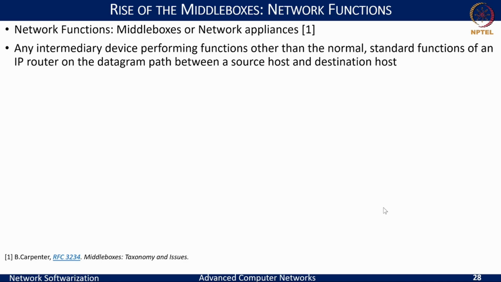These devices are transparent to the hosts on either end, that is both the source host and the destination host, but they would translate the IP address of an incoming packet from a private to the public address and route it out. These kinds of functionalities built into the networks are what we refer to as middle boxes.